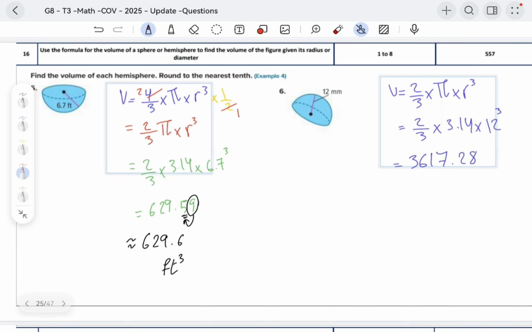It will be 3617.3. Since here it's bigger than 5, we're gonna round it up, and the unit is millimeter cubed.